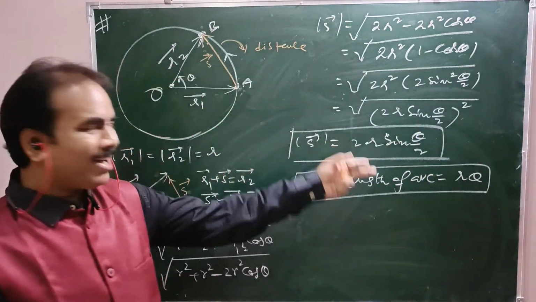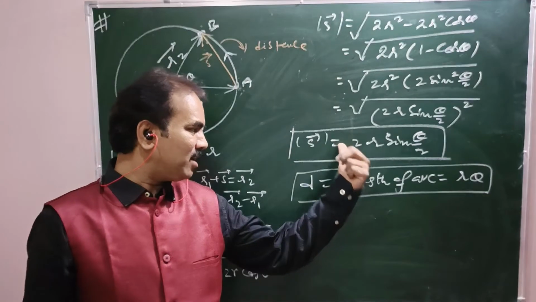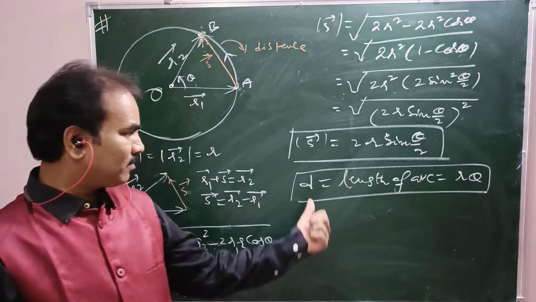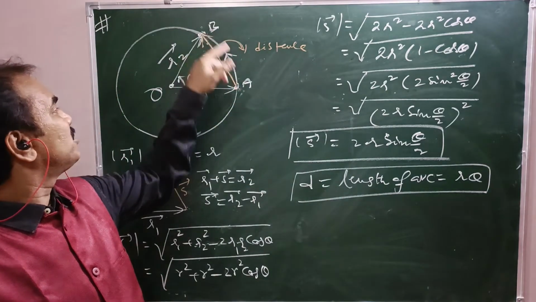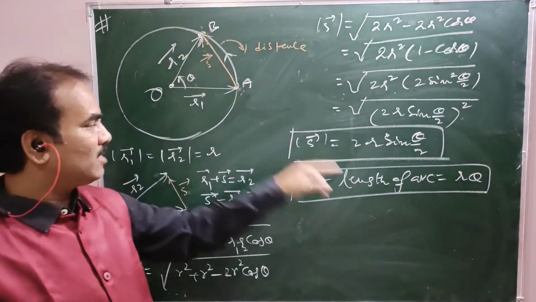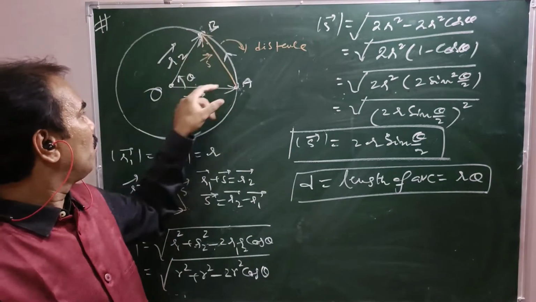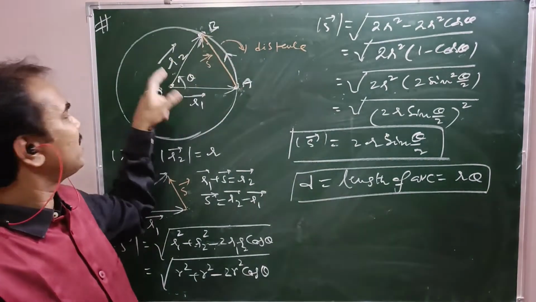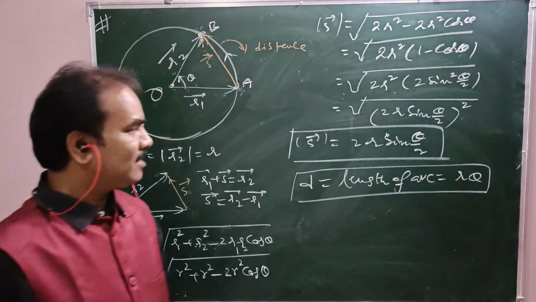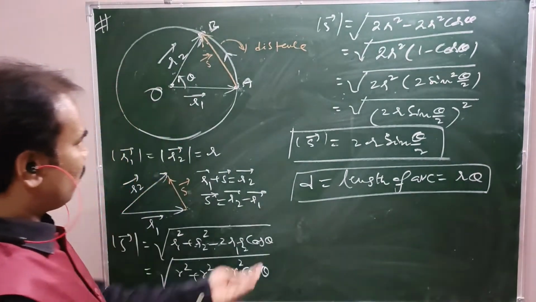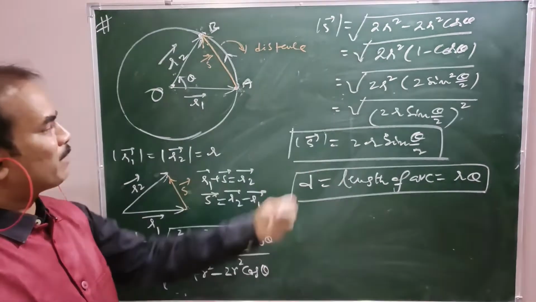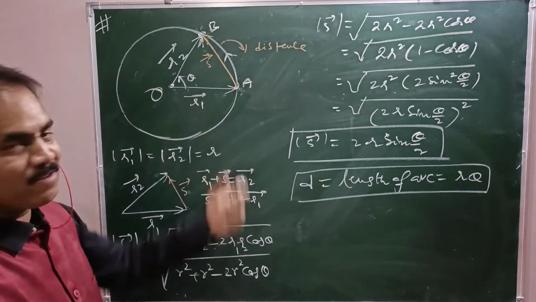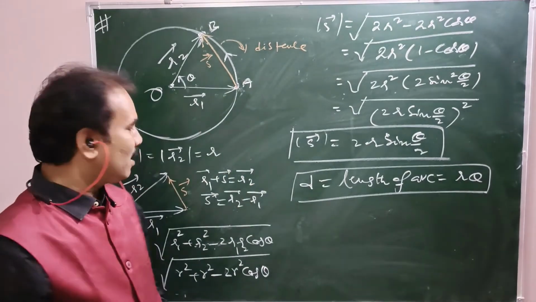So 2r sin theta by 2 is the displacement, and radius times theta is the distance. So d is the distance here from A to B, the length of the arc, that is, arc length equals radius times the angle made by that arc at the center. So making use of these two expressions, one can find distance and displacement in various situations in case of circular motion. Let us see.